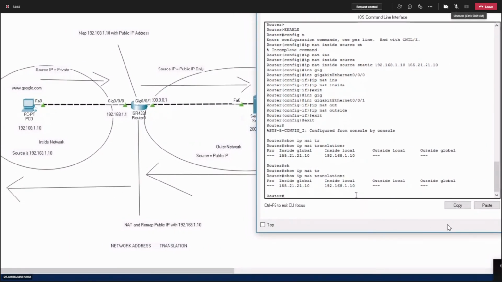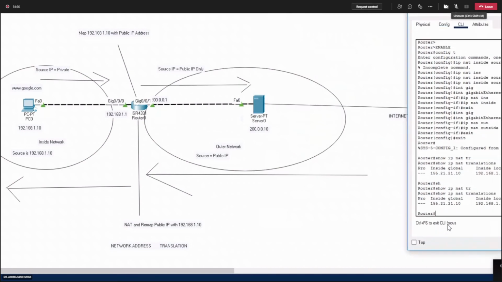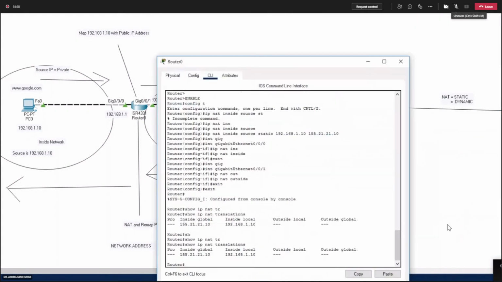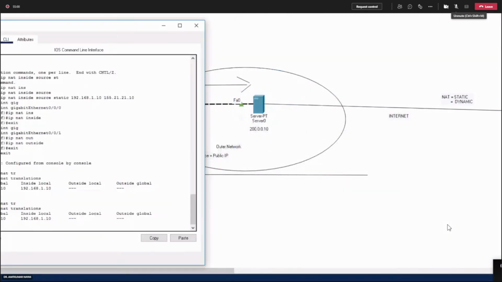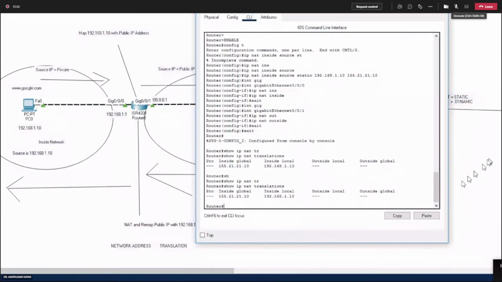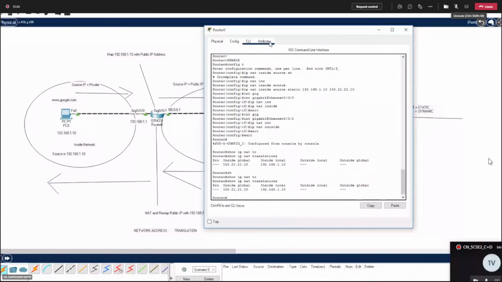The local network is using which particular IP address, and the global network? The outer network is the global network, or the global network is the network which is connected with the internet, yes or no? You can see the global network is connected with the internet and the local network is connected with PC0, yes or no?